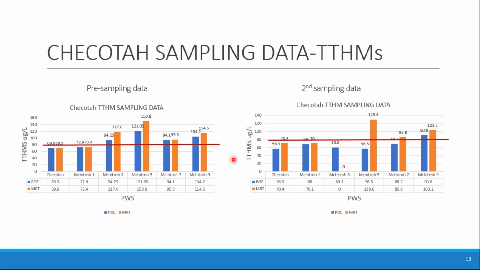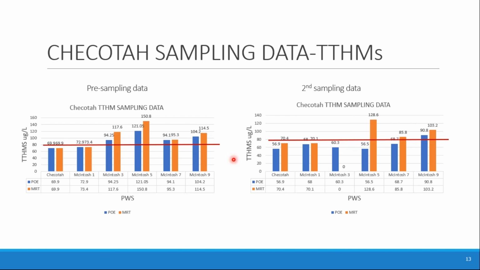As you know, the DBPs are required to be taken at specific points in the distribution system. One of them is the maximum residence time, and depending on the size and population, there might be other sites. But one site that is usually not sampled is the point of entry, and for the wholesale system, the point of entry is as the water leaves the plant.